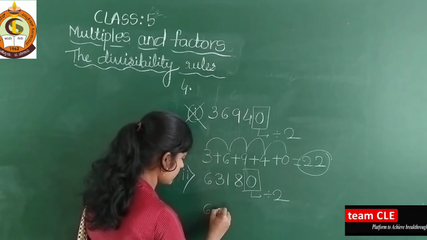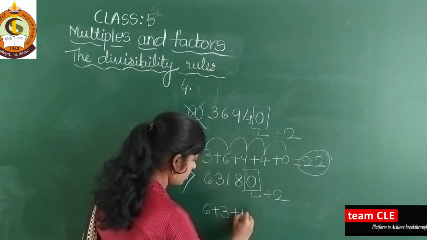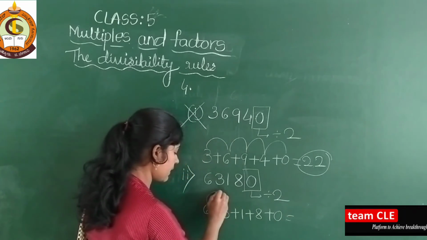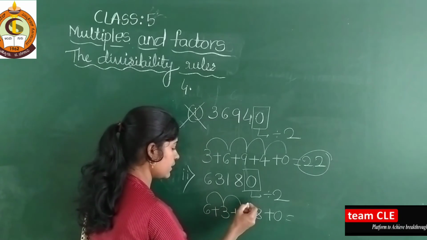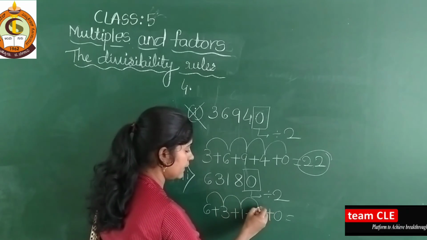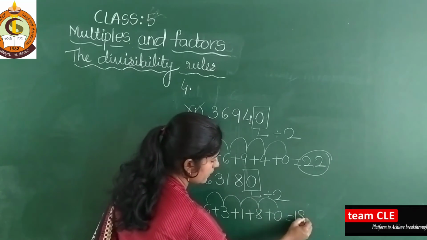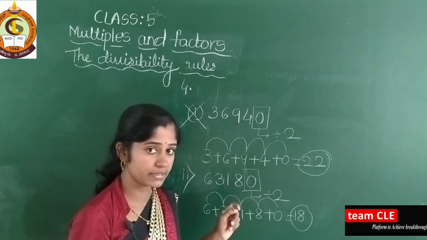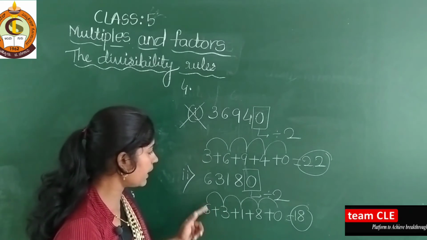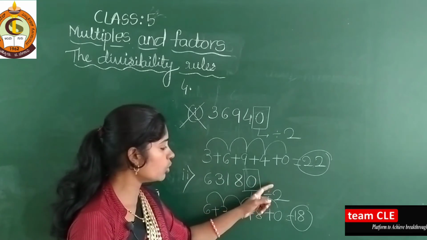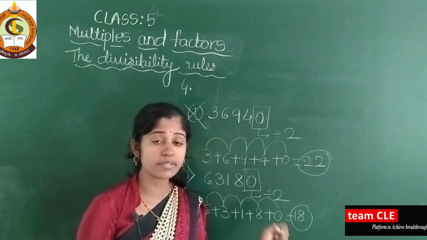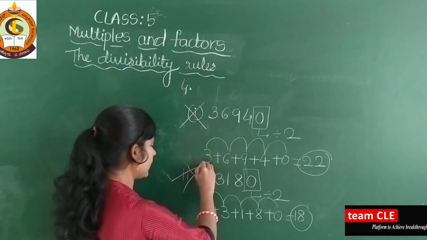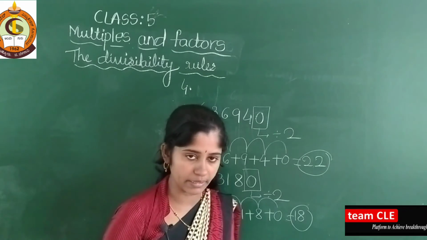So add 6 plus 3 plus 1 plus 8 plus 0. 6 plus 3 is 9, 9 plus 1 is 10, 10 plus 8 is 18, 18 plus 0 is 18. So it is in the 3 times table, and 18 is divisible by 3. It means this number is divisible by 2 and 3 also, so this number is divisible by 6 also. So you put a right mark. I hope you are getting my point.